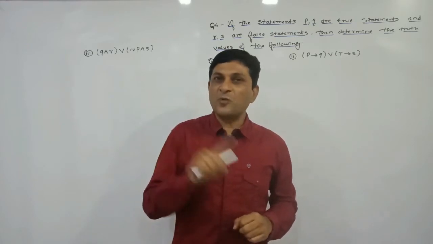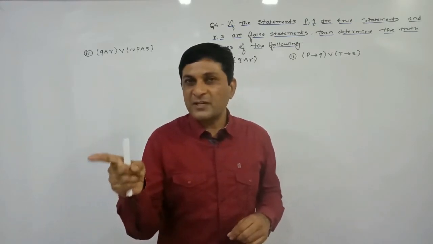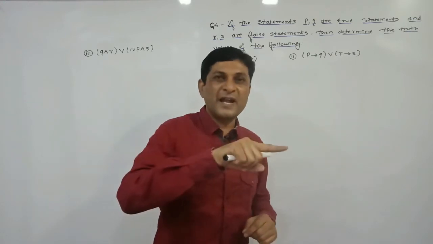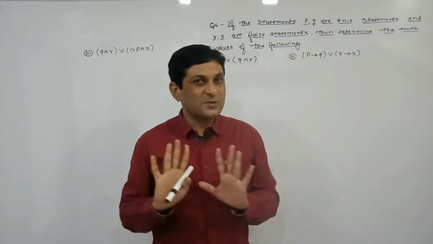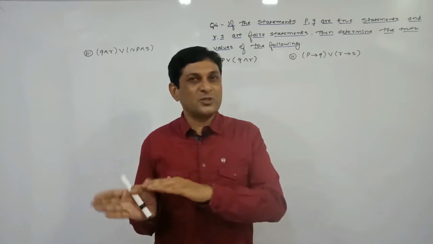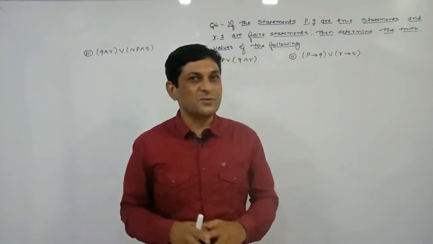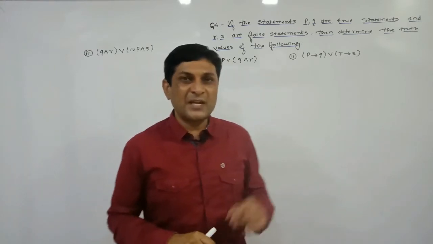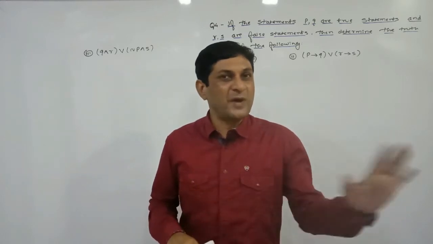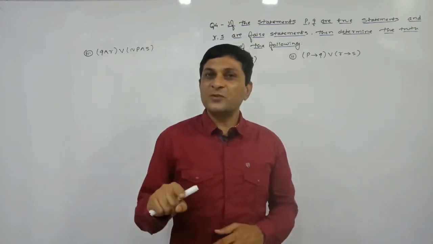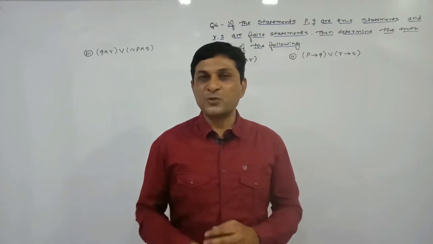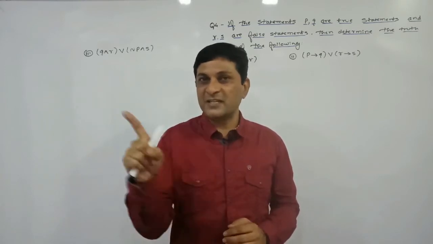In case of NOT, what we have seen: negation of true is false and negation of false is true. In case of AND, if at least one statement is false, the truth value of AND will be false. In case of OR, if at least one statement is true, means at least one T appears, the result will be true.